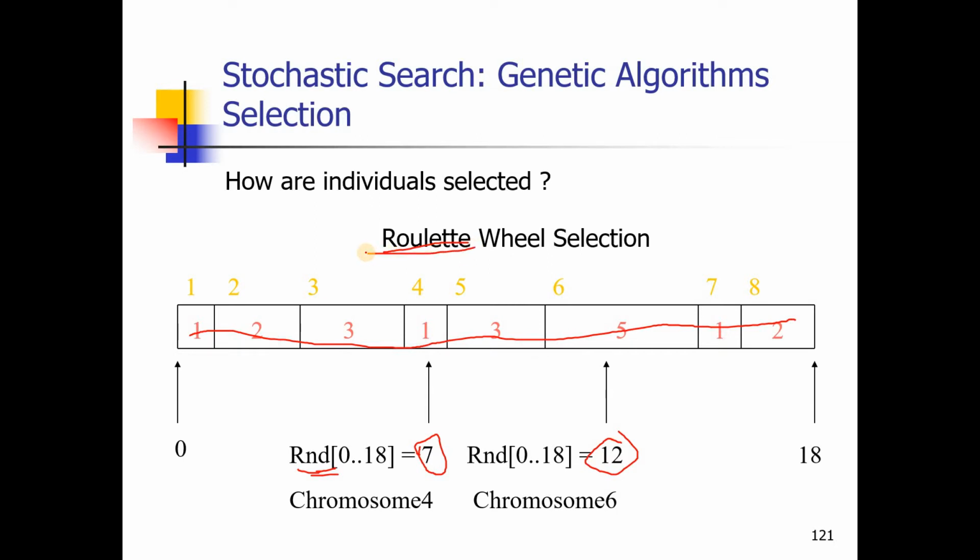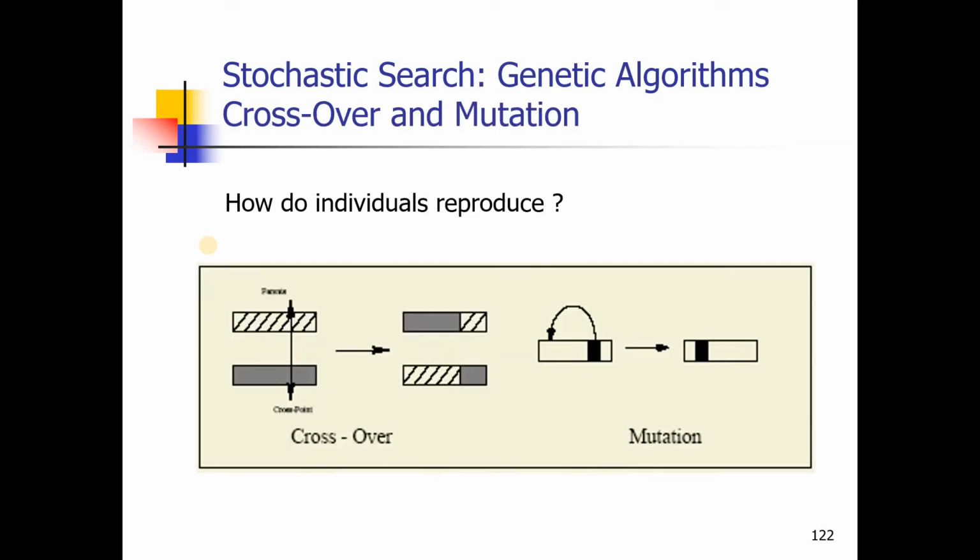A roulette wheel is a big wheel that is sometimes used in games like poker, where it rotates and stops randomly. So it's a pure random number generator. Clear? When we see the example, it will become clearer if it's not clear now.